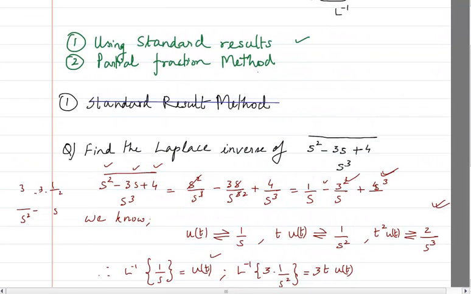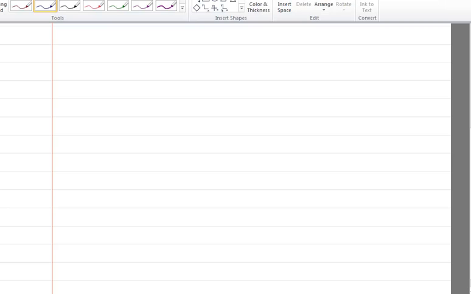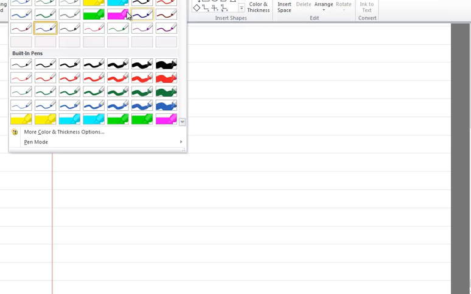Now we are going to next see the partial fraction method. In the partial fraction method, there are 3 or 4 cases. One by one we have to deal. So let me start with one of them, and then I will deal with the other three in the next class. I will write the heading as the partial fraction method.